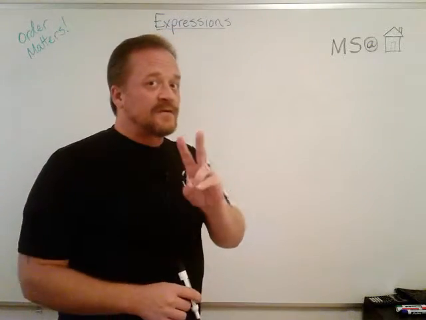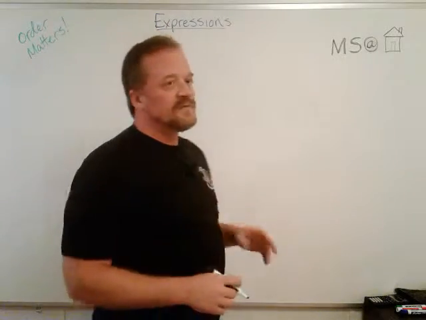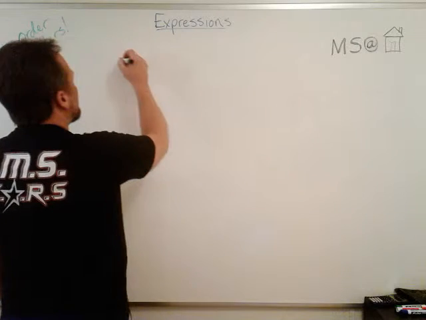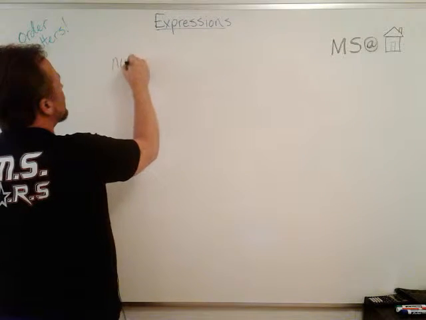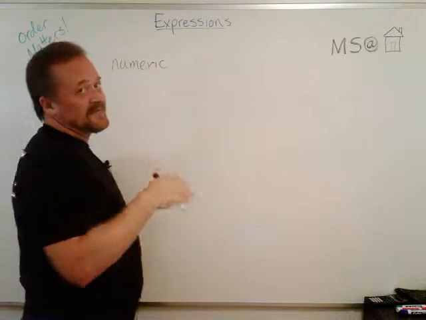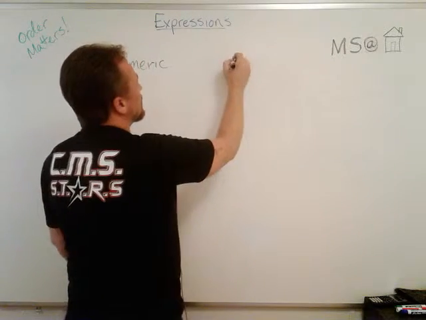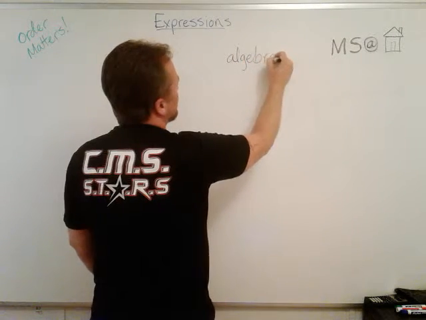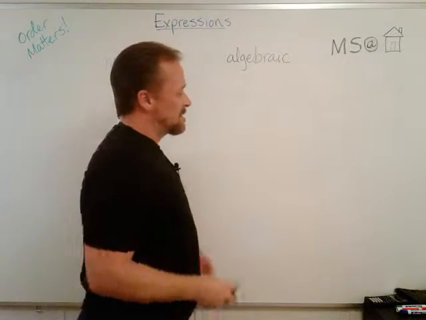I'm gonna introduce you first to two kinds of expressions, two basic divisions of expressions. One is called the numeric expression, and this is the one we're going to spend a little bit more time with today. And then there's also this thing called the algebraic expression, okay?